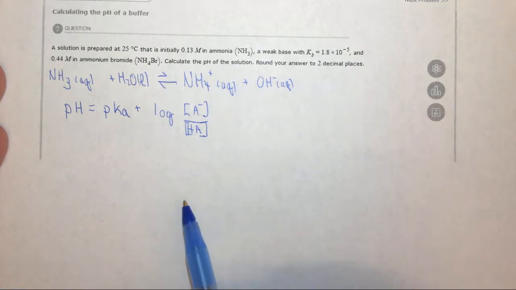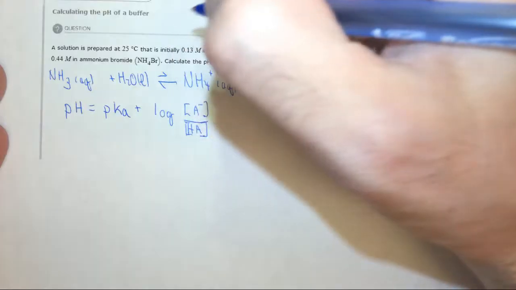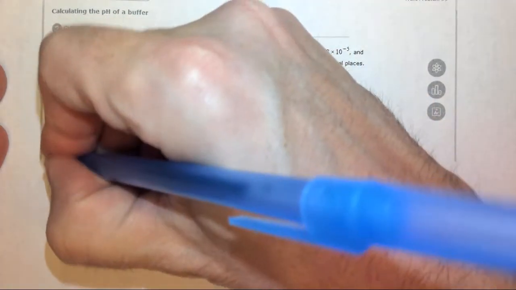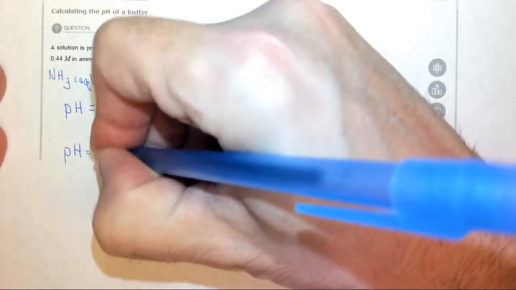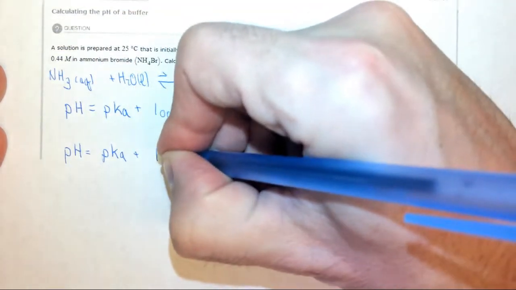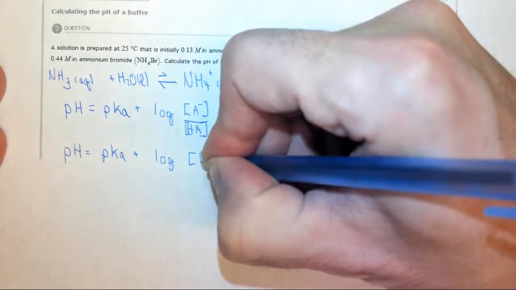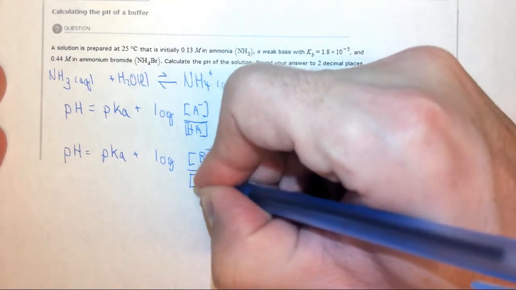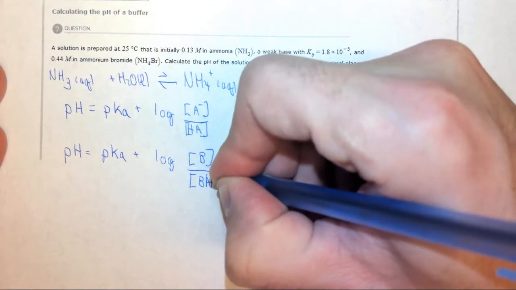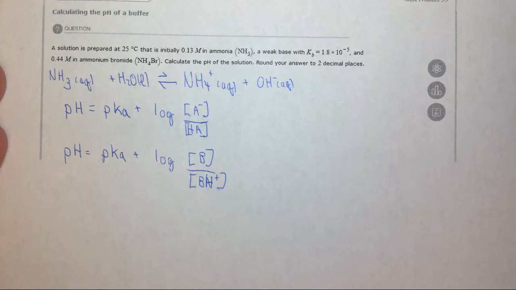But with a base, it's a little bit more complicated. So we can rewrite this for a base: pH equals pKa plus log concentration B over concentration BH plus, like so.